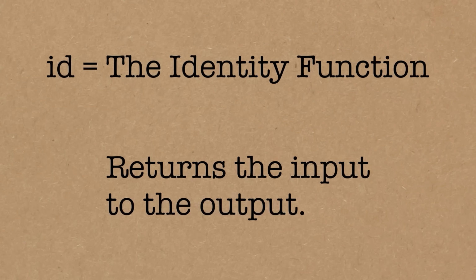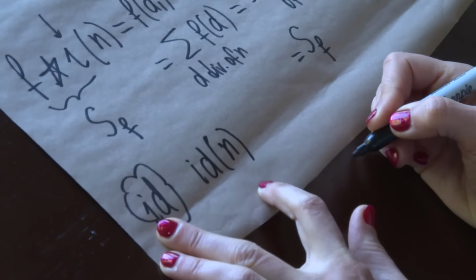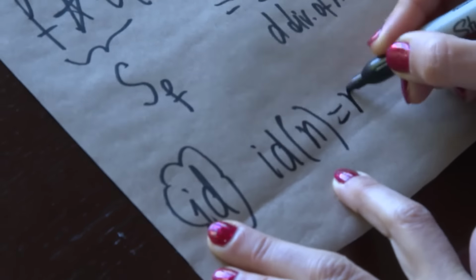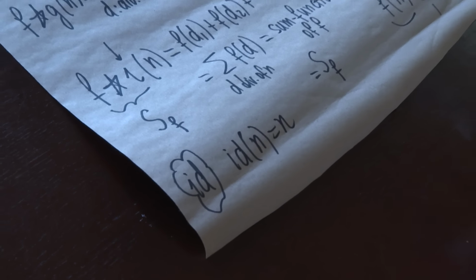What does it do? For any input, it spits out the same thing. So it returns the identity of the input. That is what mathematicians call the identity function. In this case, the identity function is going to take only natural inputs, and all it's going to do is spit them out as the same natural number.